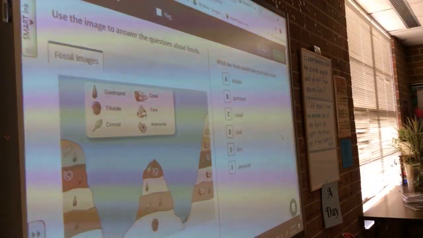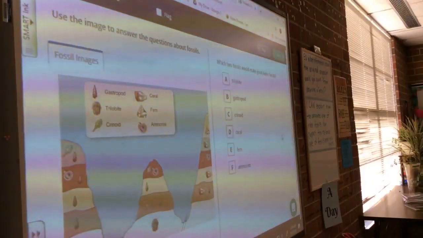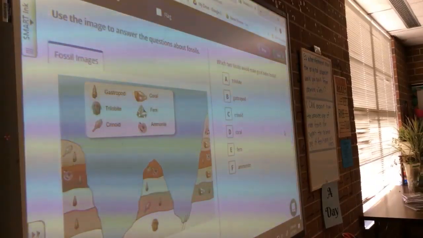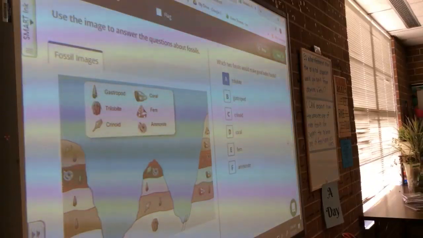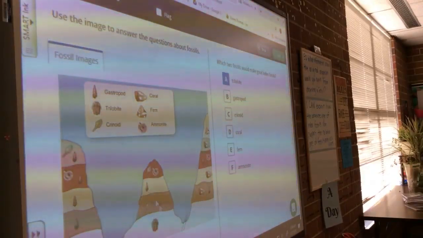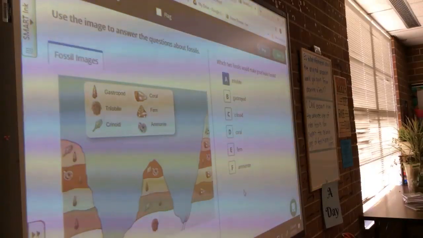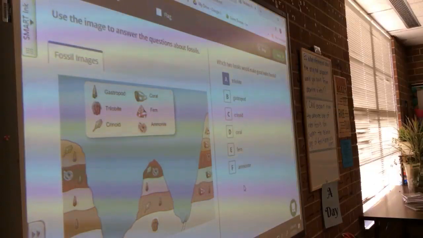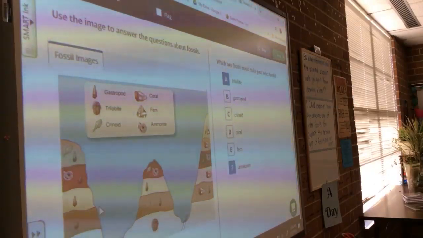All right, same image. Which two fossils would make good index fossils? First of all, we know a trilobite makes a good index fossil. So not gastropod, because we see it in a bunch of different layers. What letter? F. Letter F, right here, ammonite.